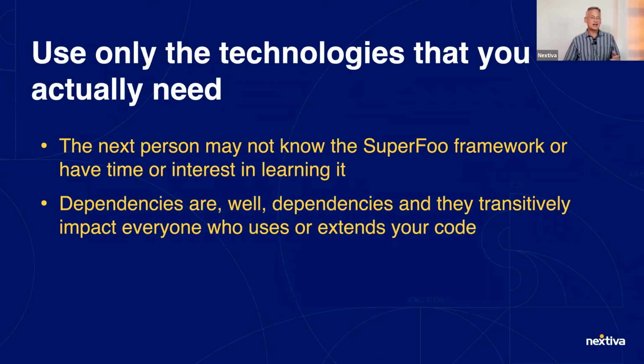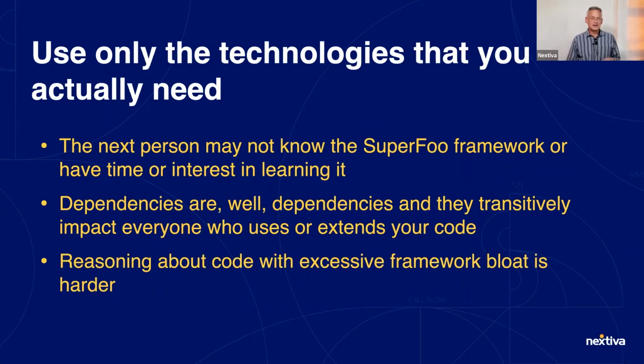If you demand all kinds of specialized knowledge, dependencies, well, they're dependencies, and reasoning about code that has excessive framework bloat in it is harder. It's much harder. The stack traces are way more complicated. Executing the system in your head is harder if there's a lot of gratuitous abstraction and extra layers and layers of stuff. That actually makes code less approachable.